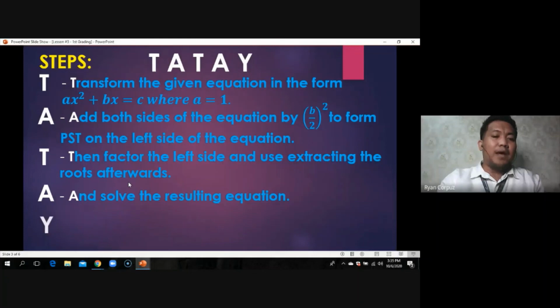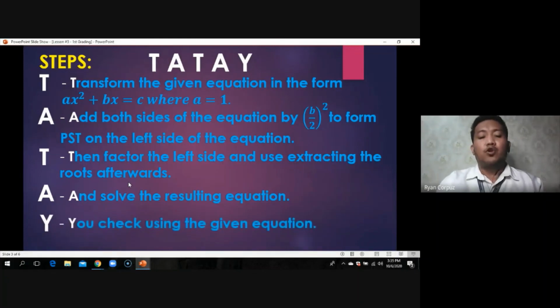Then last, Y stands for you check using the given equation. So as I told you before, for you to check using the given equation, once you have found the solutions, since there are two, you are going to substitute the first solution into the original given equation, then also substitute the second solution into that same original given equation.